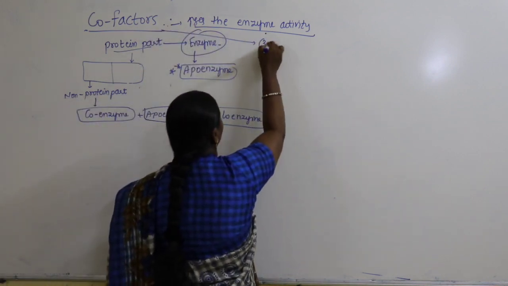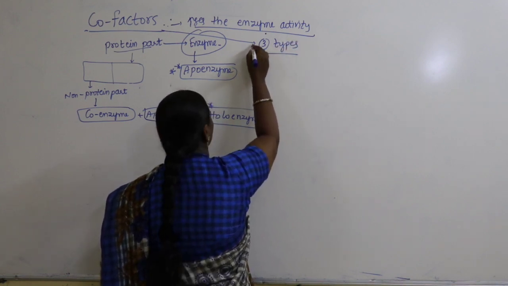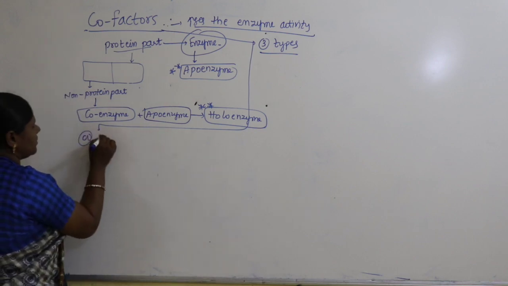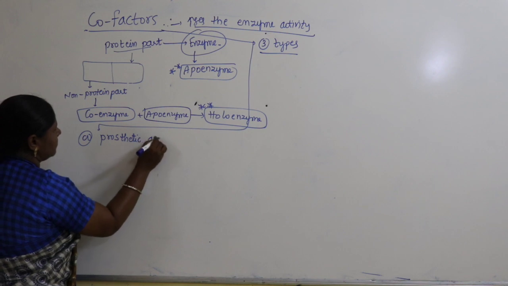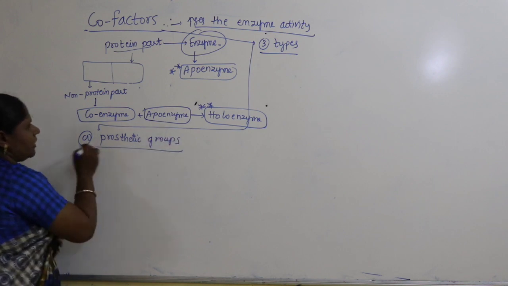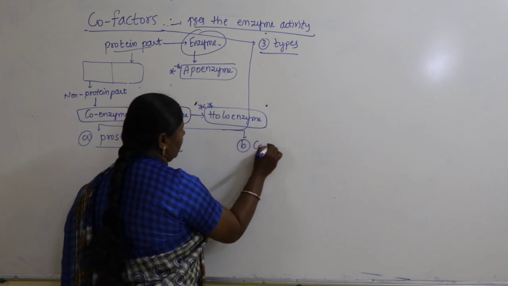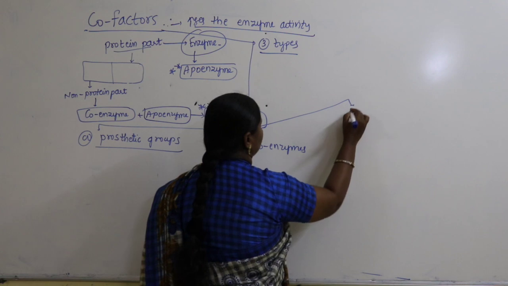Cofactors are also three types. Let us discuss in detail. I am writing here. The first one is called prosthetic groups. Then the second type is called coenzymes. And then metal ions.